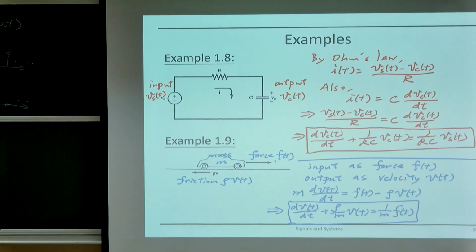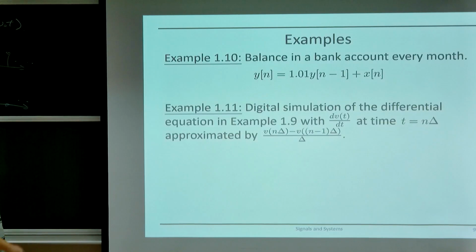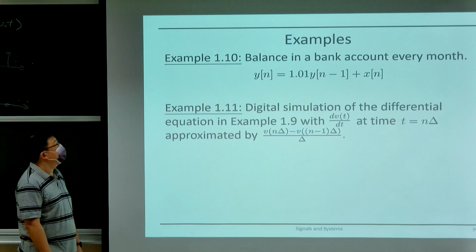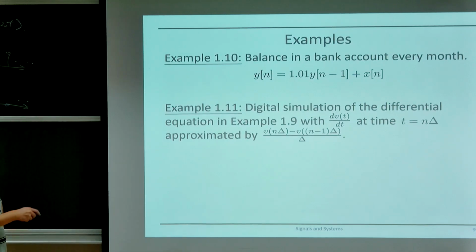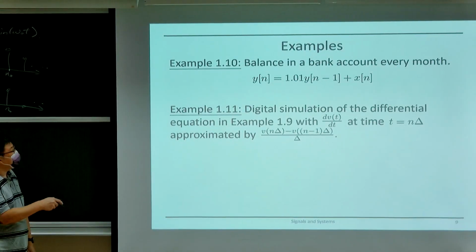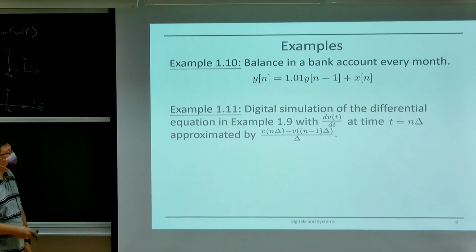All right, so these are examples of the continuous time case, but the same follows for the discrete time case as well. On the next slide, we have a couple of examples of the discrete time case. In example 1.10, we're looking at the balance of a bank account every month. So the time index here is month.